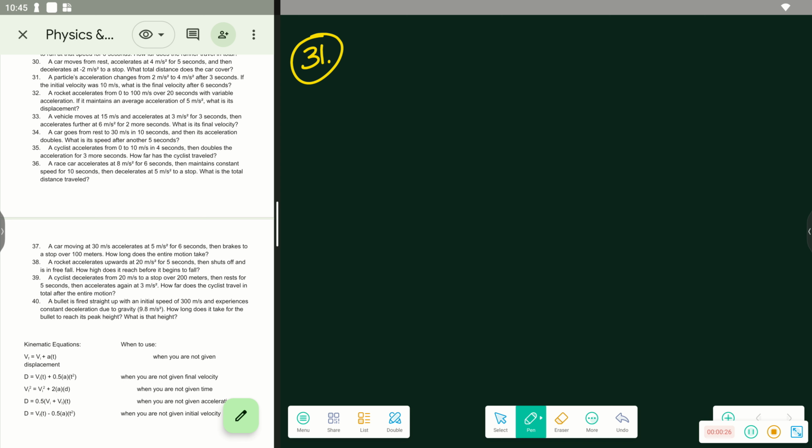All right, so you have two intervals that are taking place here. Okay? Two intervals. The first of which is 2 meters per second to 4 meters per second. Okay, so you have an initial 3 seconds.